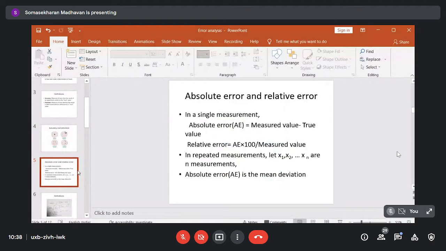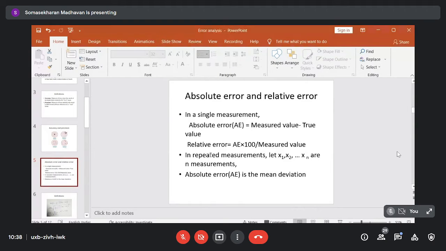Then there is another term. There are also different situations: a single measurement experiment and a repeated measurement experiment. If there is a single measurement, the absolute error is the measured value minus the true value, once the true value is known. So in the case of a single measurement, you can find out the absolute error only if the true value is given.